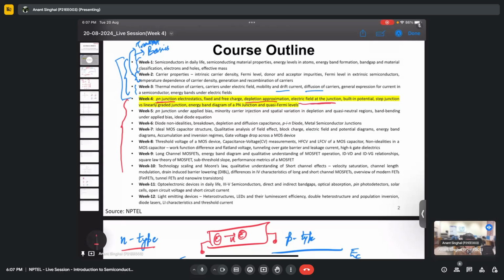Then we'll look at the electric field of the junction and the built-in potential. What is built-in potential? I'll be telling you each and everything. And the most important topic is this: if you know how to draw a band diagram for any junction, then you will be able to solve any problem that is given to you.